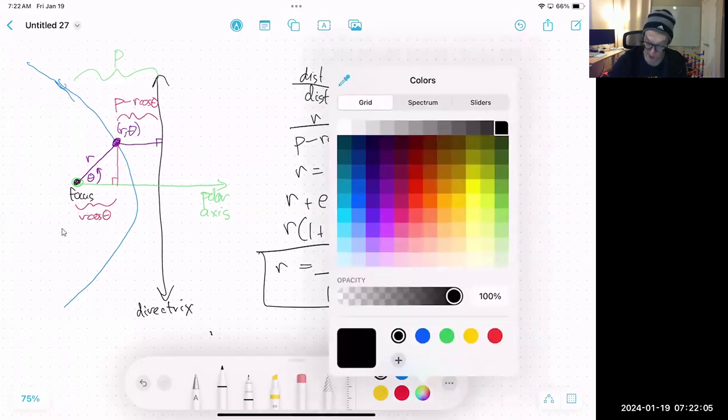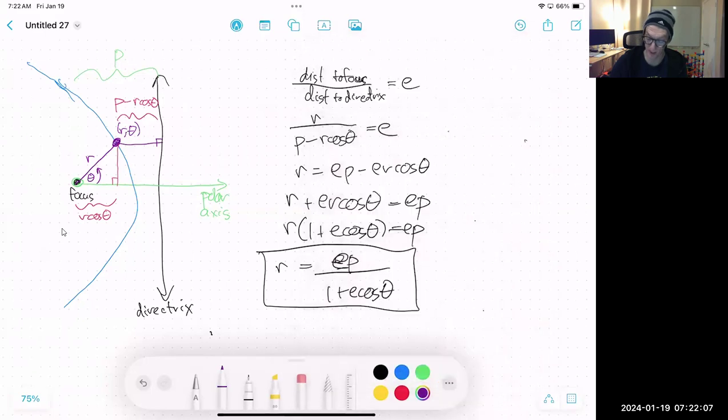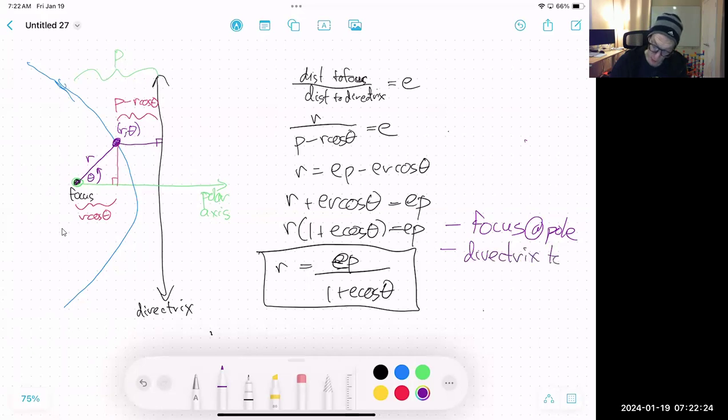and this is the correct equation given a bunch of assumptions. What are the assumptions now? Well, one assumption is that this formula is correct, assuming you have put the focus at the pole. The other assumption built into this problem is that the directrix is to the right of the pole. There are more precise ways of saying that, but that's pretty good.